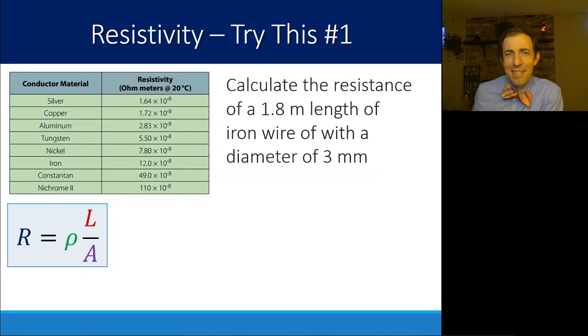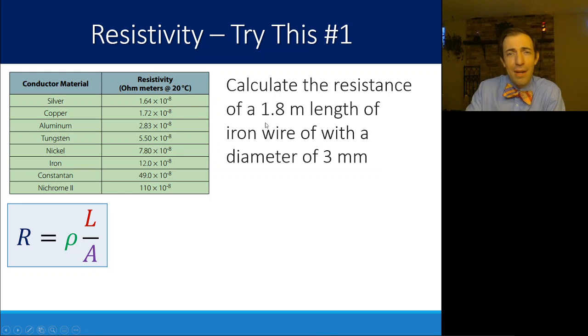So looking at this table, it's going to help us provide enough information to calculate the resistance of the wire described here. So I would like to calculate the resistance of a 1.8 meter length of iron wire with a diameter of 3 millimeters. So this is going to offer some resistance to electricity flowing through it, and we can calculate that.